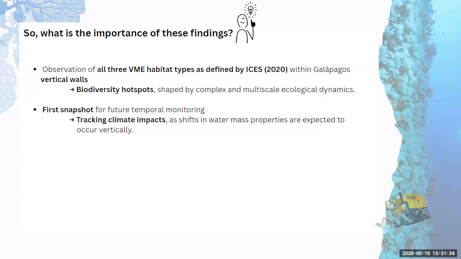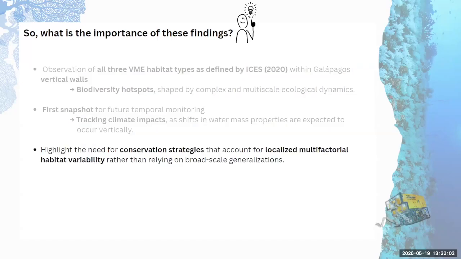I would also like to highlight that continuous efforts are needed to investigate the same vertical wall communities in order to look at the variations along the temporal axis, which might tell us a different story. If the community composition is changing here, maybe we can relate that to climate change.